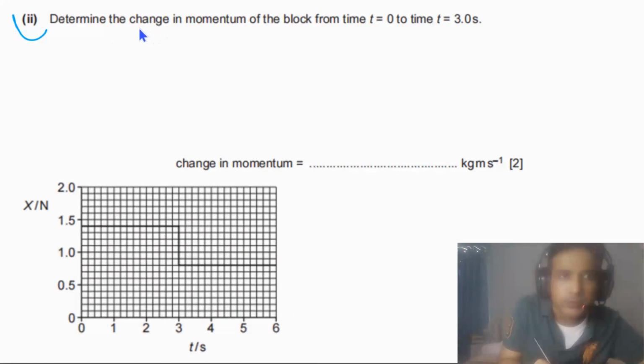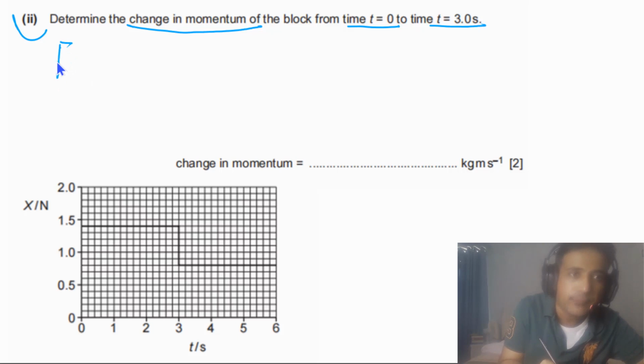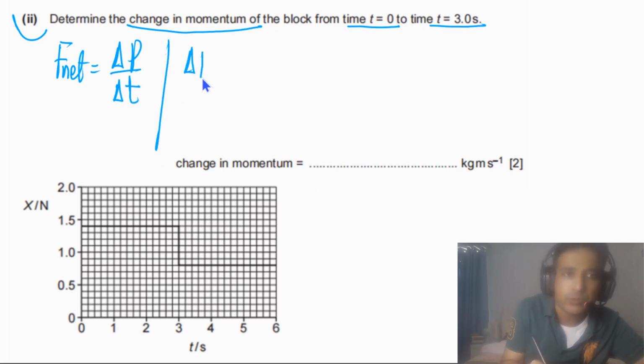For the second part, we need to determine the change in momentum of the block from time t equal to 0 to t equal to 3.0 seconds. We understand that net force is equal to rate of change of momentum, so the change in momentum is equal to F net times delta t.